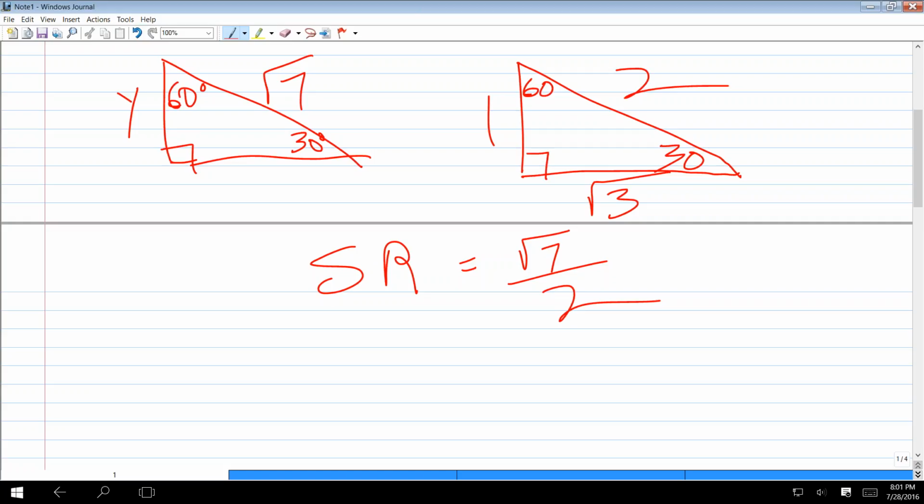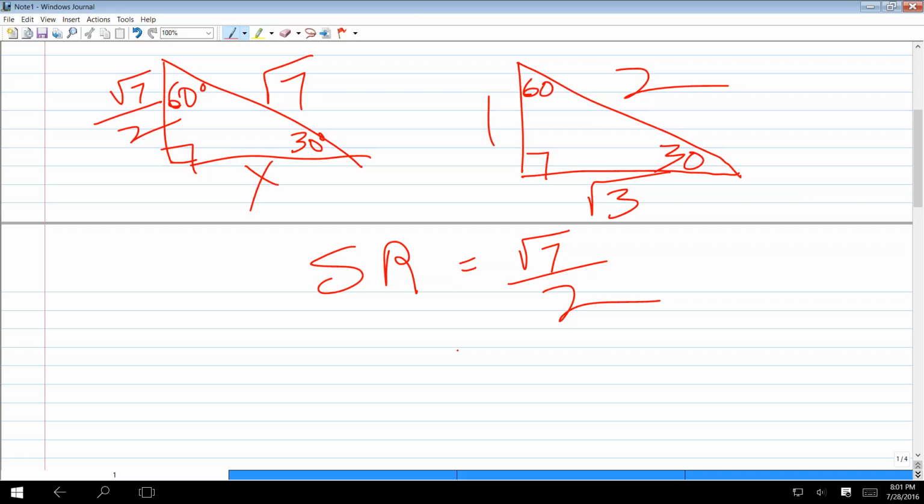Y would be 1 over... No. It's 1 times the similarity ratio. Yeah, so it would be √2. Same thing. The similarity ratio, right? Yeah. What's x?